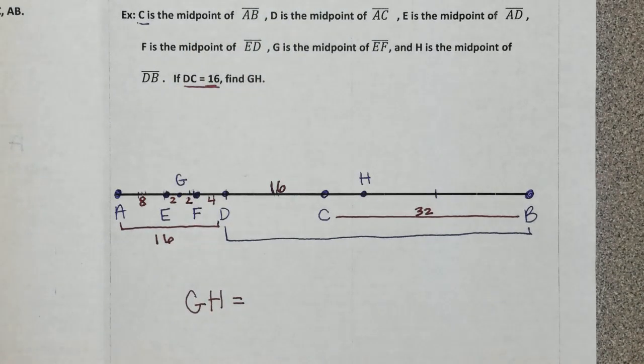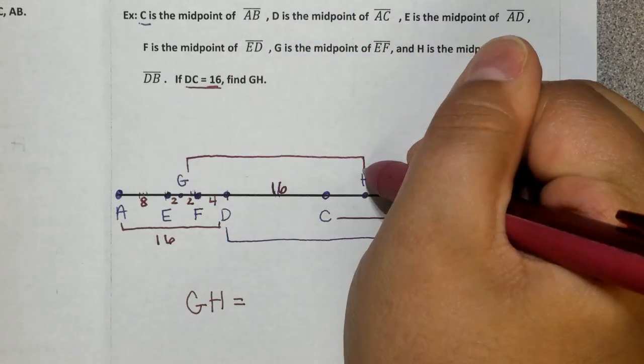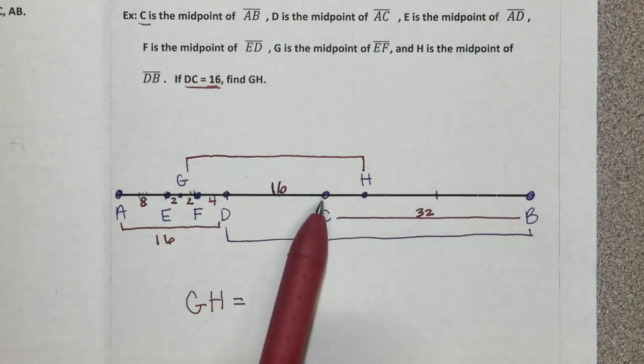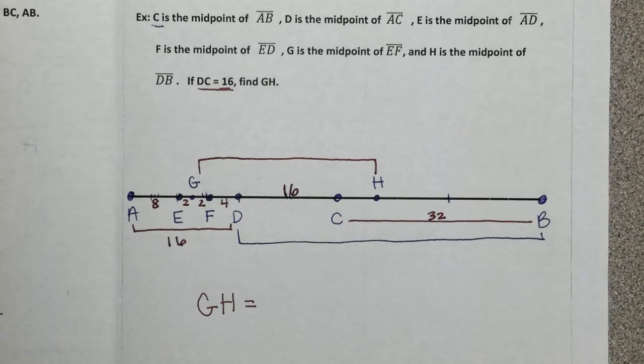But what does this want? So I know most of it, but I'm missing kind of this C to H right here. What can I do? Subtract 4 and 16, or subtract 20 from the 16. Why?